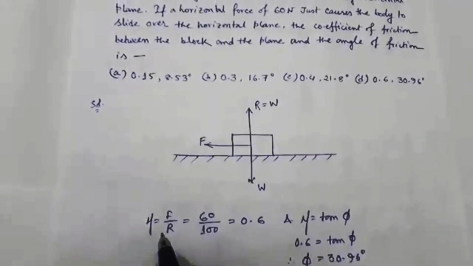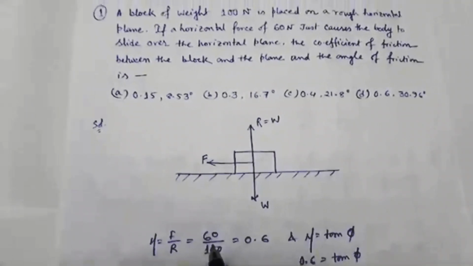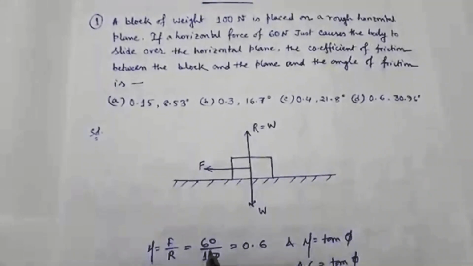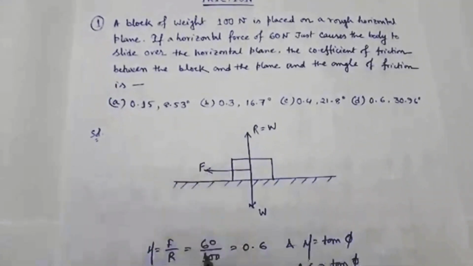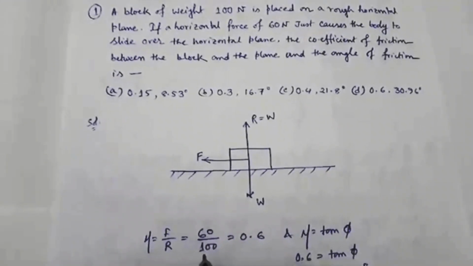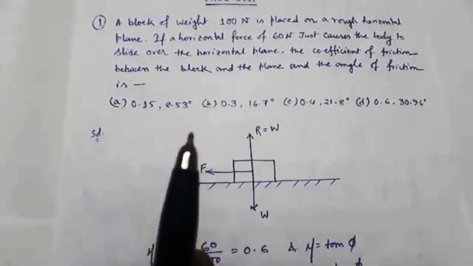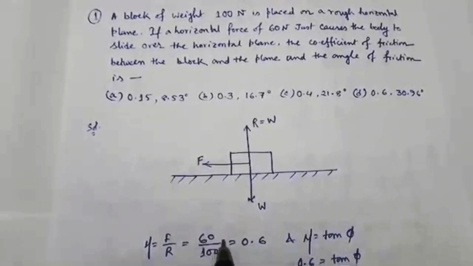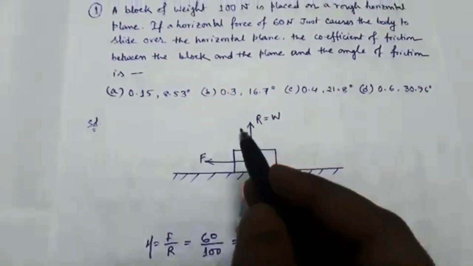So the coefficient of friction, denoted by mu, equals F by R. Here F is the frictional force, that is the horizontal force, 60 Newton, and R is the normal reaction.